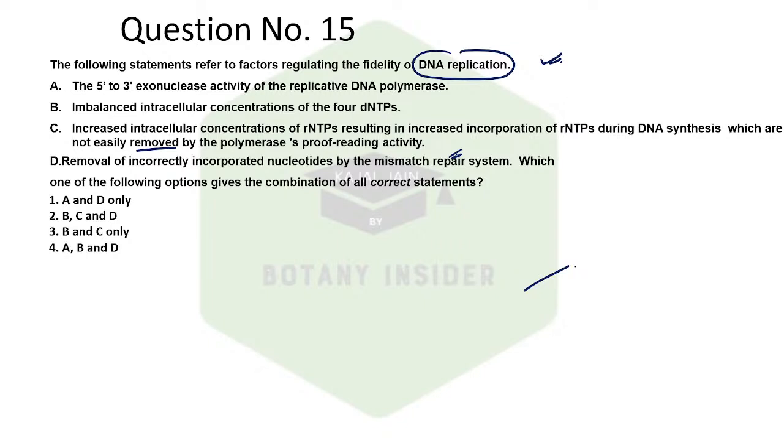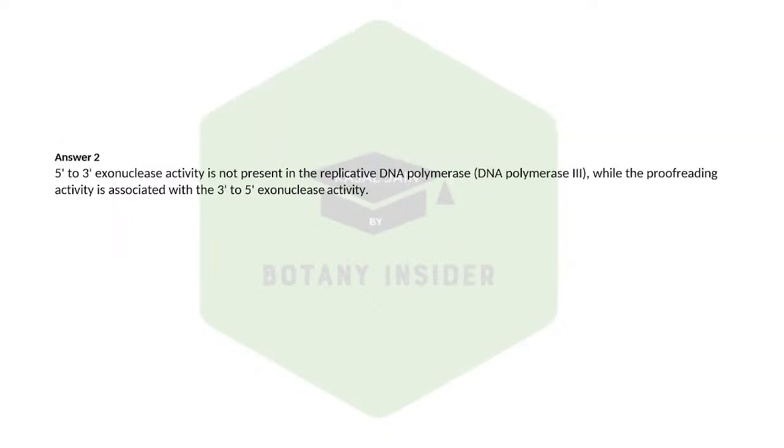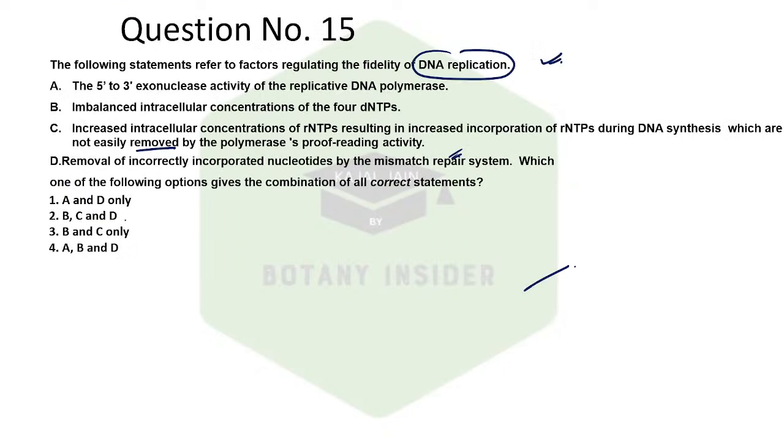Done, everyone? Simple question. Let's look into the answer. The answer for this particular question is option B, that is, B, C, and D statements are correct. The first one is the 5' to 3' exonuclease activity of the replicative DNA polymerases.